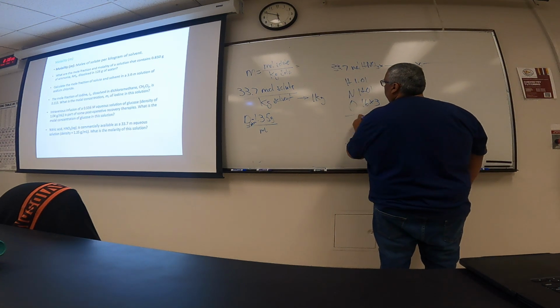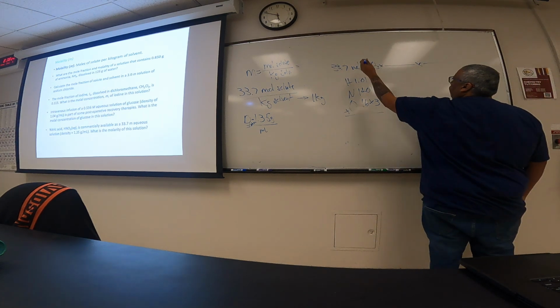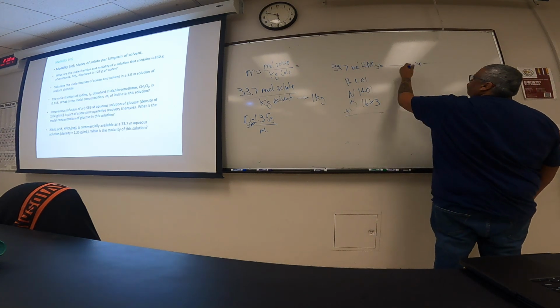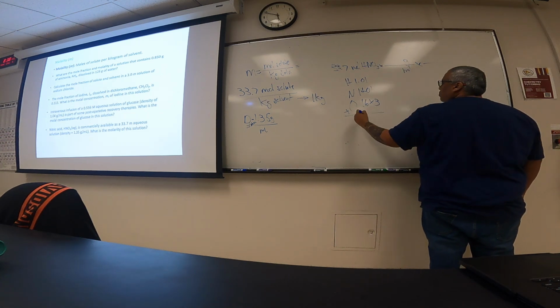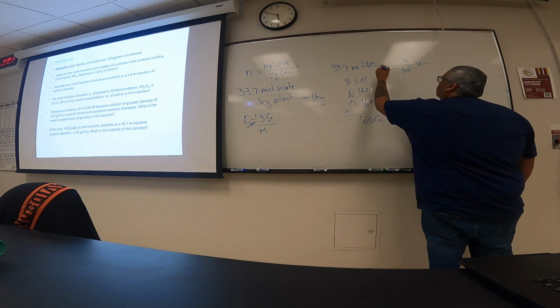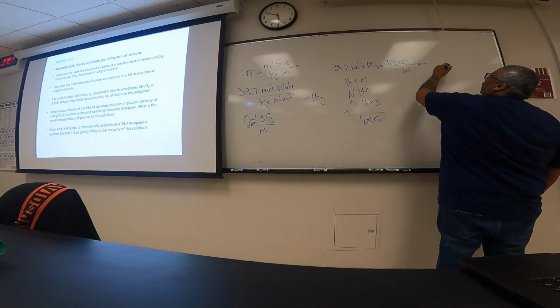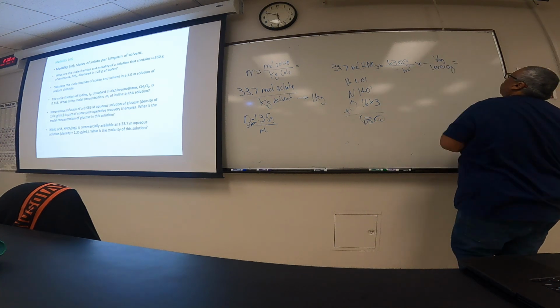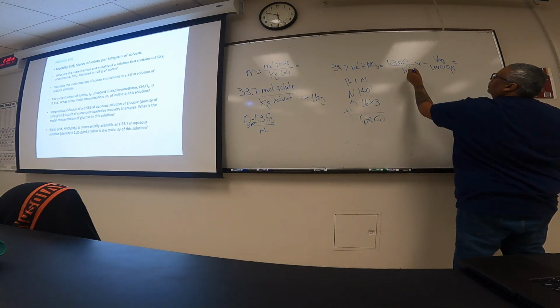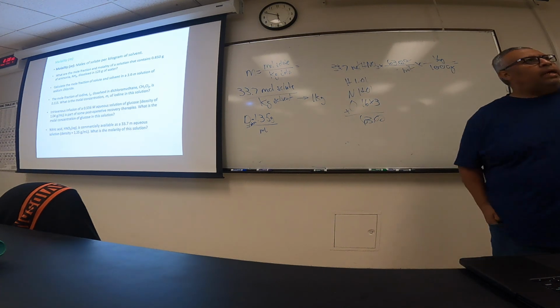So what is the molar mass of nitric acid? 63.02 for every mole. And then we're going to go 1,000 grams in 1 kilogram. This cancels this unit, this cancels this unit. We'll have kilograms of nitric acid.